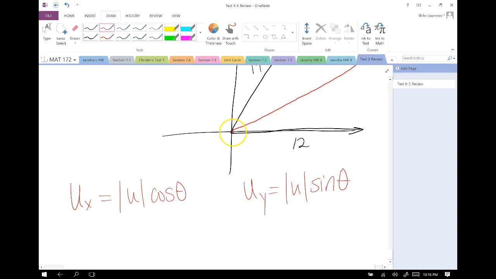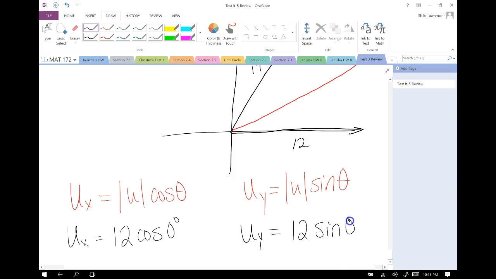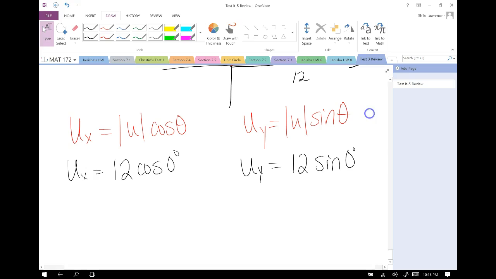It's a slanted distance. So you can think of it the same way, and then I'll do the same thing for V. So U sub X, U's magnitude was 12, and it had an angle of 0. So 12 cosine 0. And I'm going to do V's right underneath, because the X components can be combined, because all the X components are horizontal.